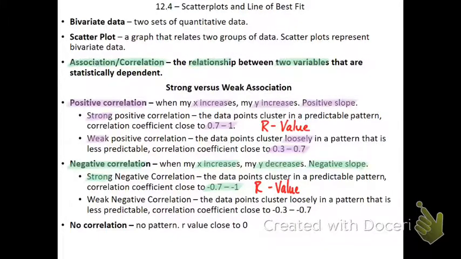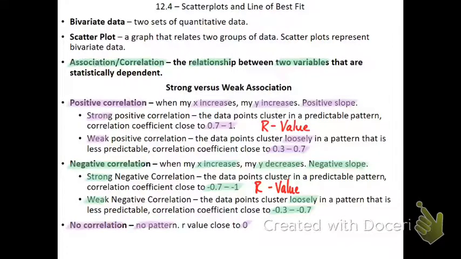And then a weak negative correlation, again, it's a loose pattern, less predictable. Correlation coefficient is going to be closer to 0, probably someplace around that negative 0.3 to negative 0.7 category. And then the last one is if there's no correlation, there's just no pattern, and then our R value is going to be close to 0.